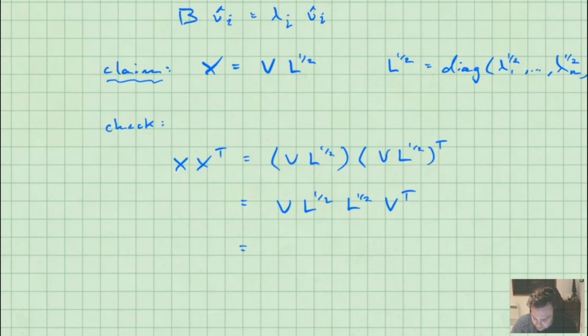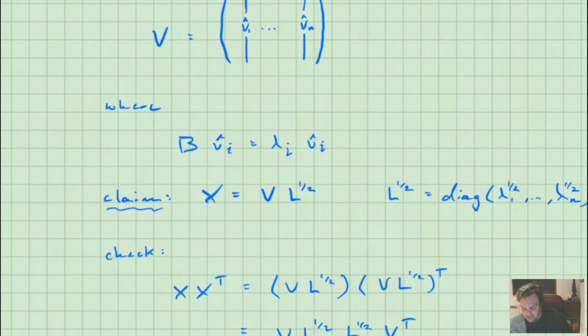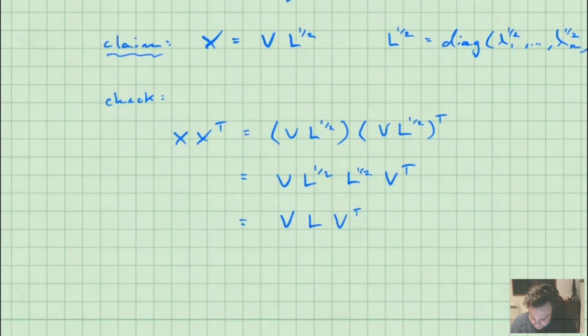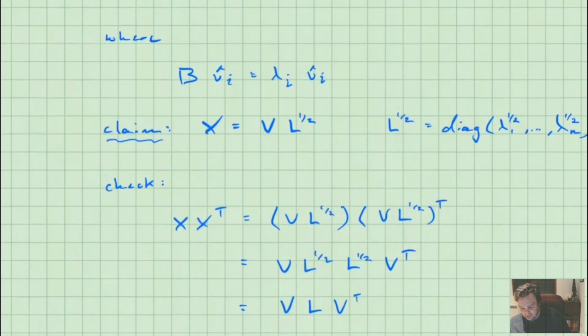Like that. And L to the 1/2 times L to the 1/2 is just L. And I get that. But that's the definition of B, in terms of that matrix, V times L times V transpose. So this is B. And so this proof is kind of done.